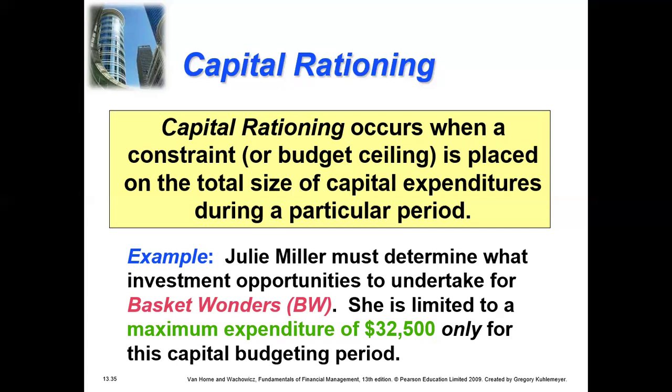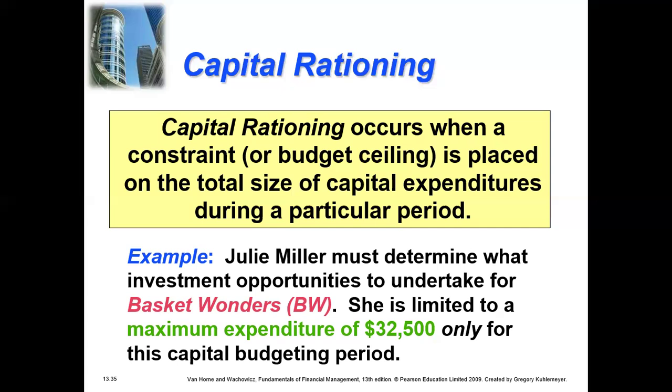But you have different options for investment. Which option will you choose with a limited budget? And that is during a particular period. If you have less budget, then you have to apply this concept of capital rationing.